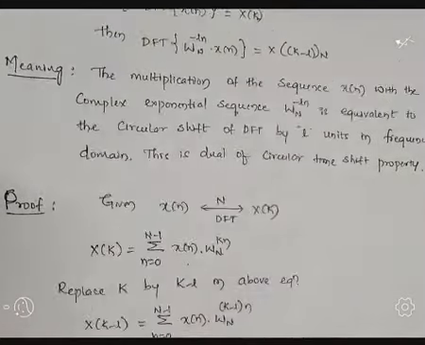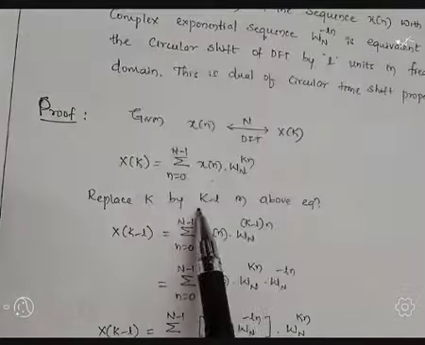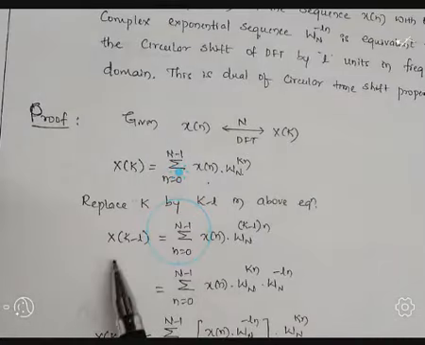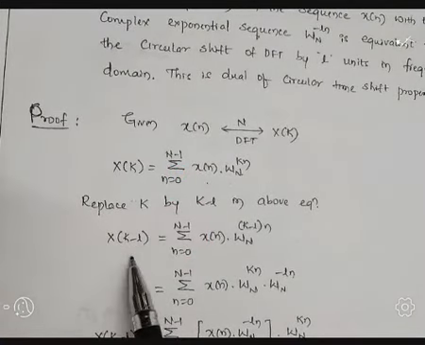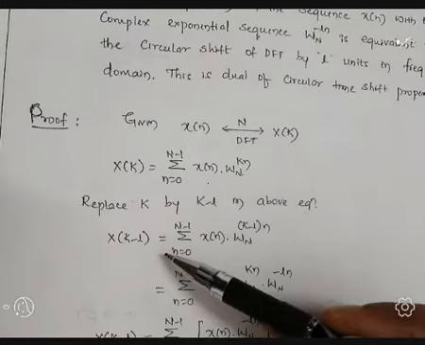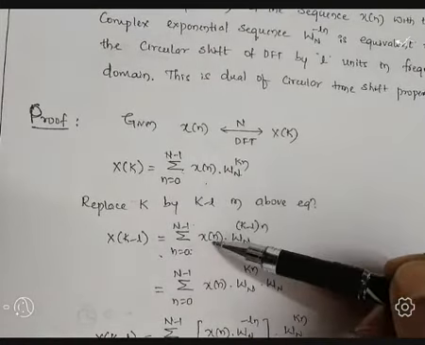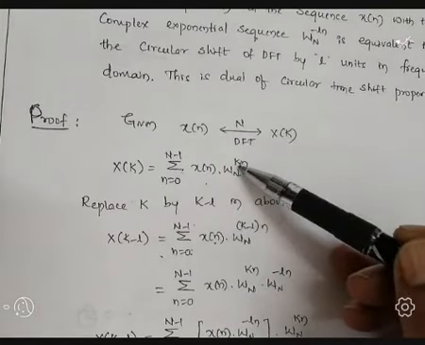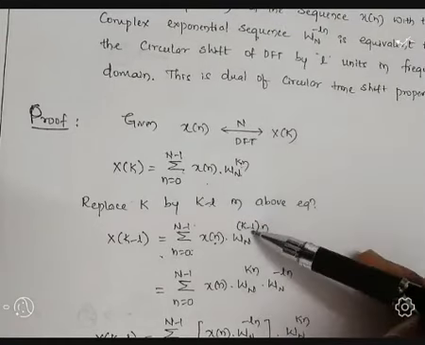Because of that, I'm going to replace k by k minus l in the definition of DFT. So X of k minus l is equal to summation over limits n equal to 0 to N minus 1 of x of n, Wn to the power, wherever k is there, replaced by k minus l, multiplied by n.